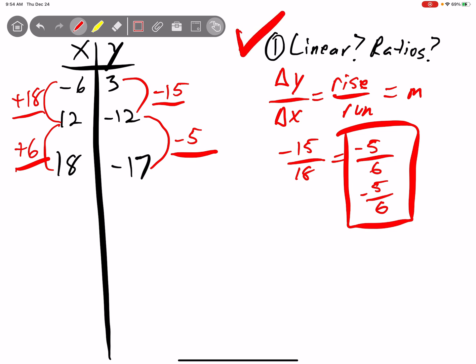Okay? So m equals -5 over 6. But what in the world is b? Figure that out. Pause the video and figure out what b is.